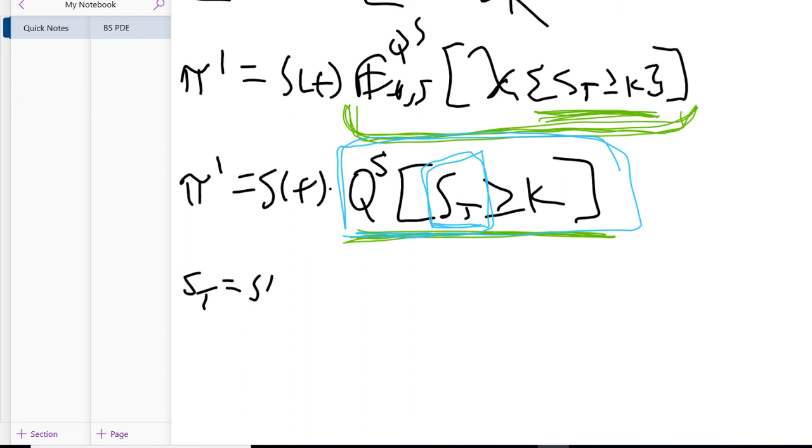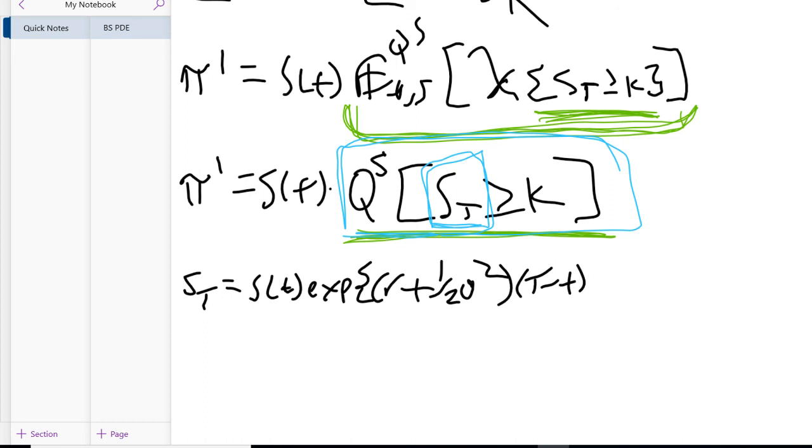So S(T) equals S little t times the exponential of r, and it becomes plus 1/2 sigma squared because we have a transformation kernel of sigma. Before we had r minus 1/2 sigma squared, but we end up adding sigma squared to negative 1/2 sigma squared, and this gets us plus 1/2 sigma squared (T minus t), plus sigma dW, but of course now we are under QS.